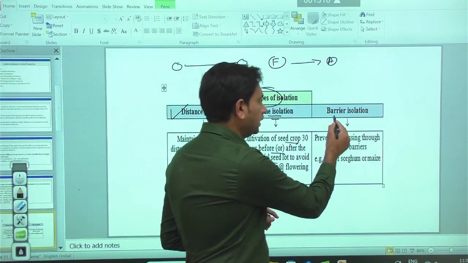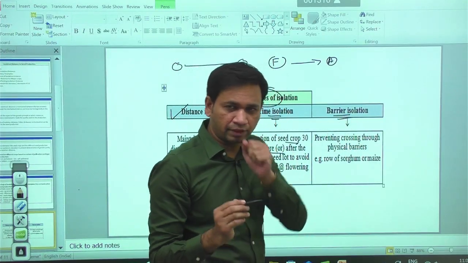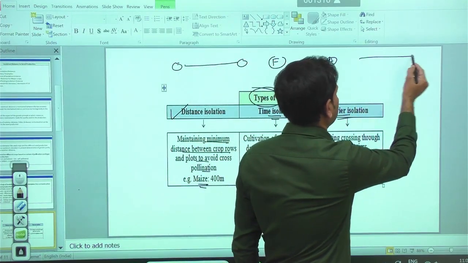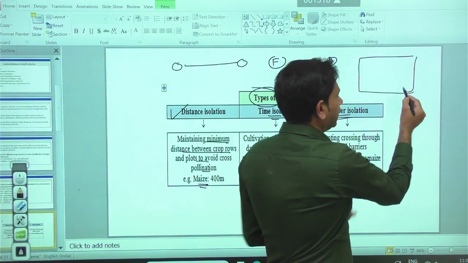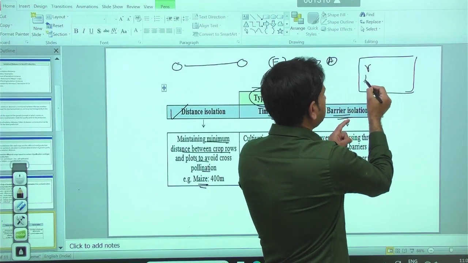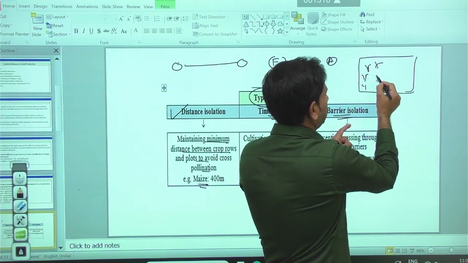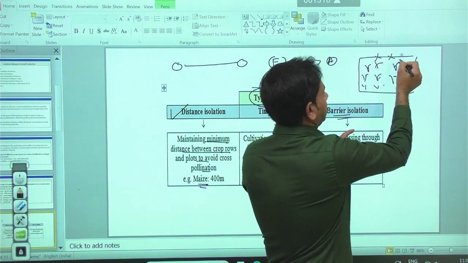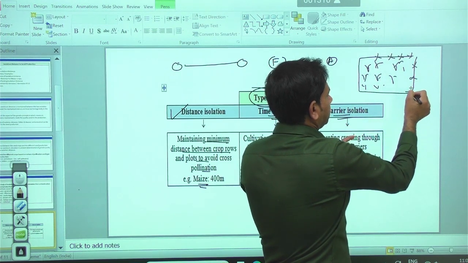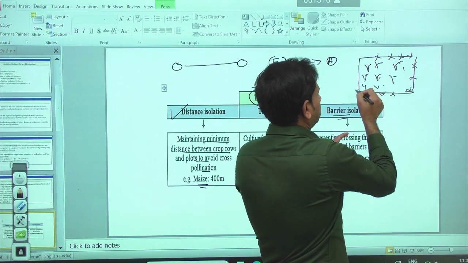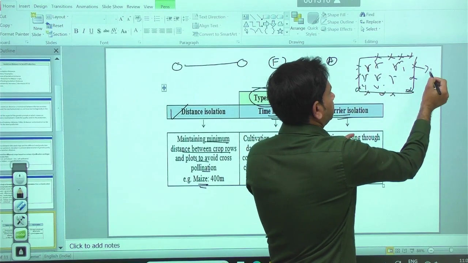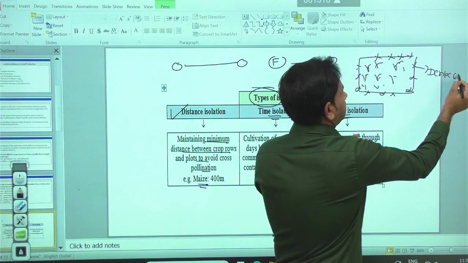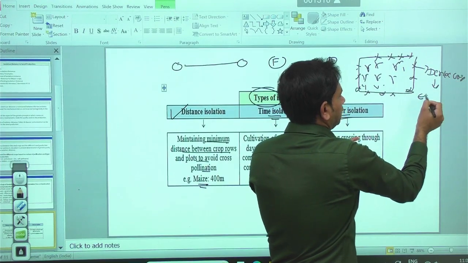Then we have the barrier isolation. In the barrier isolation, for example, you are taking the quality seed crop in the center of the farm area, and across the boundary of the farm gate, we will be planting some dense crop, like maize for example.